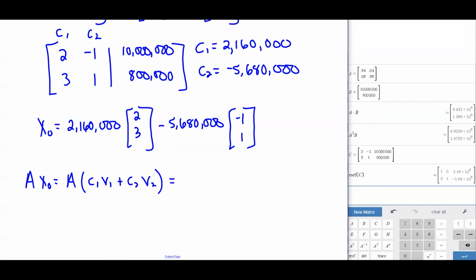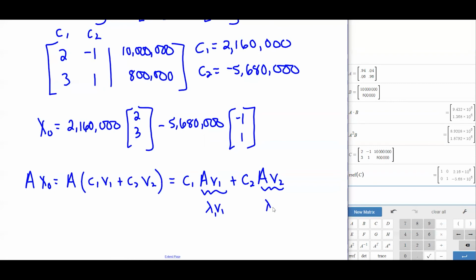When I multiply this matrix times its eigenvector, this distributes, and I can factor out the constants. Because these are eigenvectors for this matrix, when I multiply by A, it's the same thing as just multiplying lambda times the vector.